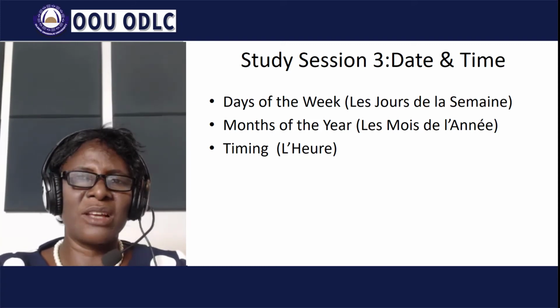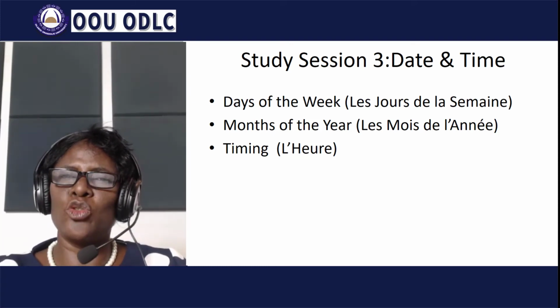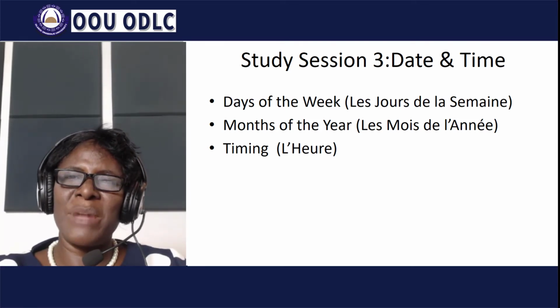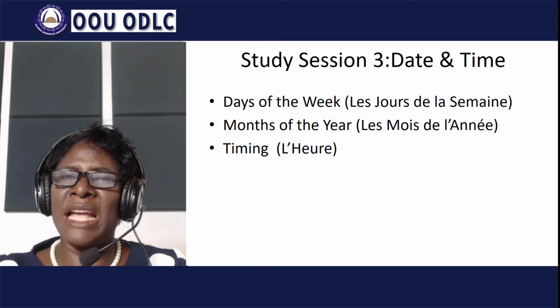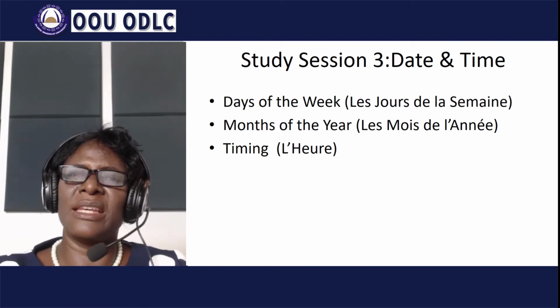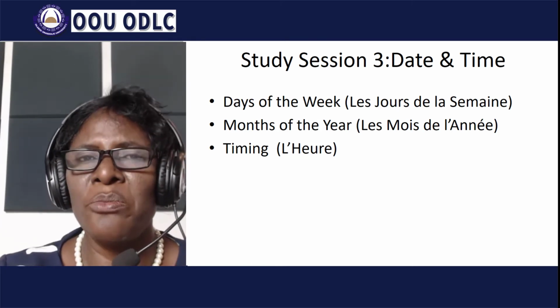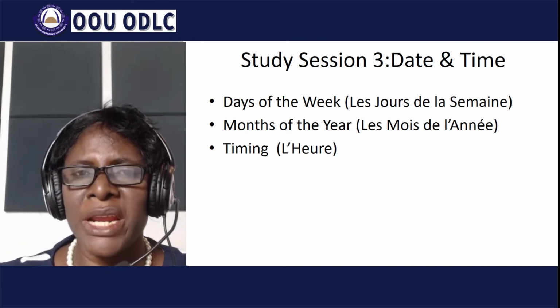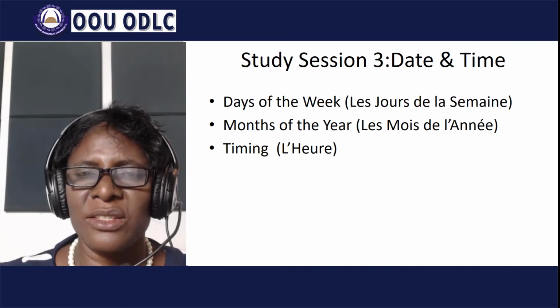I told you, don't pronounce it the English way. When you see double L, you pronounce yi. Juillet. Then you have août, septembre, octobre, novembre, décembre.